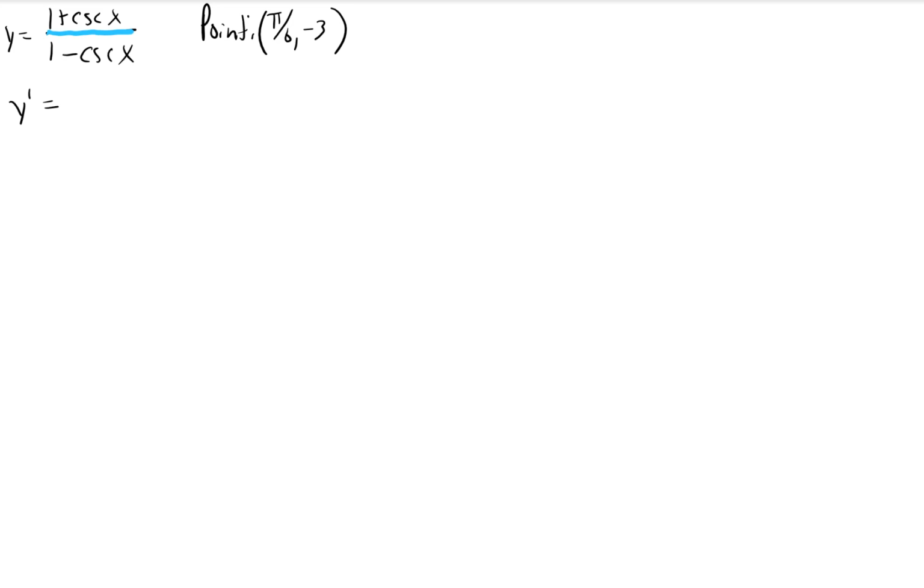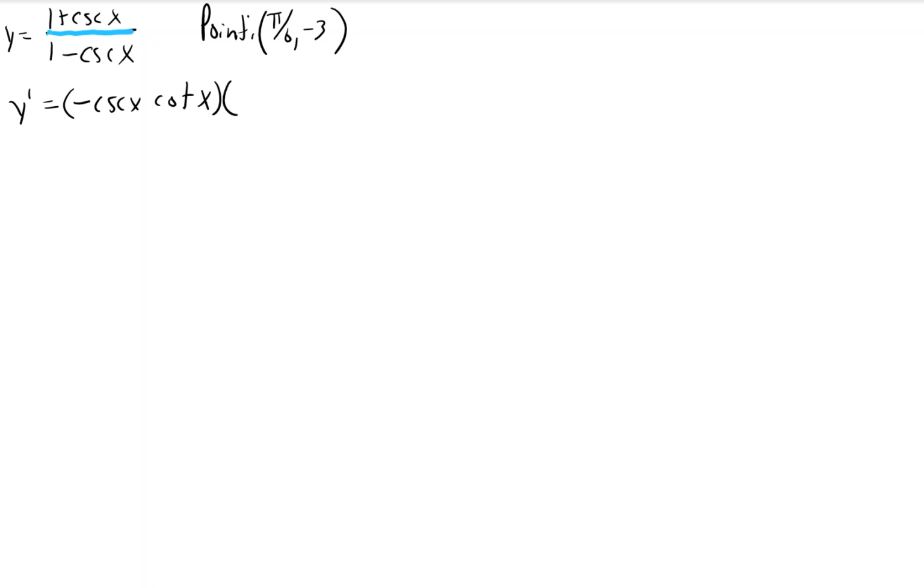And the quotient rule says, let's take the derivative of the top. Well, the derivative of 1 is just 0. And the derivative of cosecant is negative cosecant x cotangent x. So this is all the derivative of the numerator.